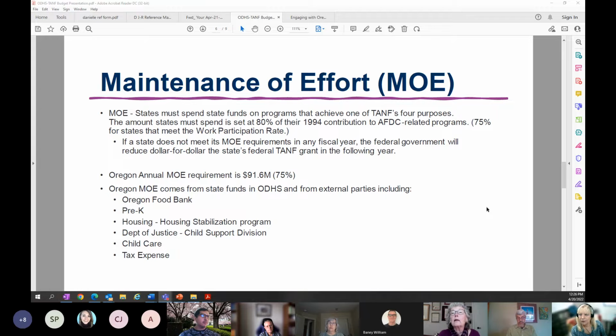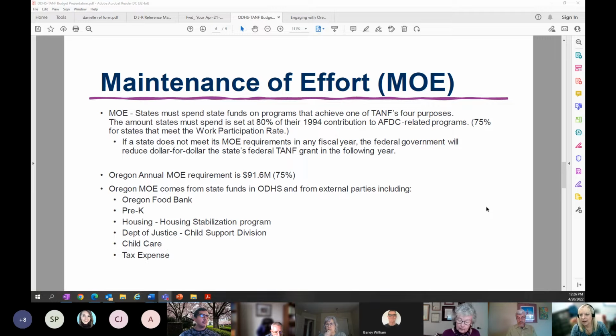So then moving on to the other side of the story, which is maintenance of effort. The federal government doesn't require us to match dollar for dollar, but they basically said that when TANF was implemented, when they got rid of AFDC, states had to continue to spend state dollars at a level equivalent to what they were spending previously.